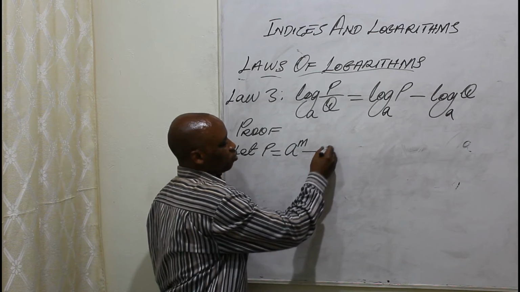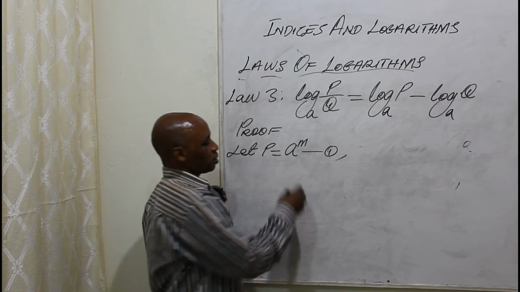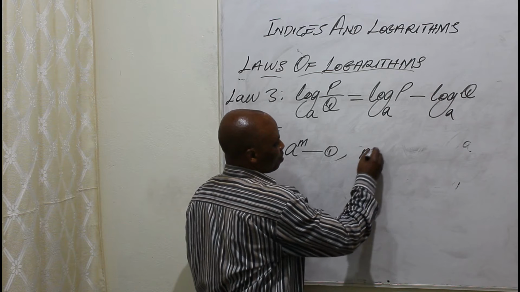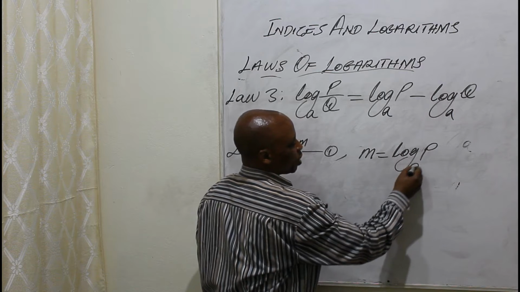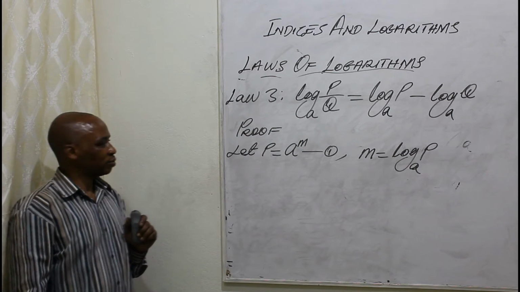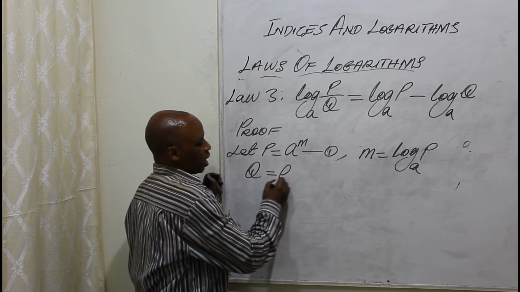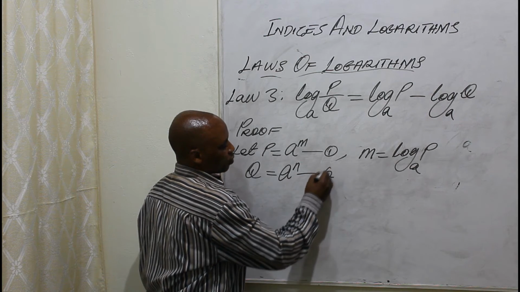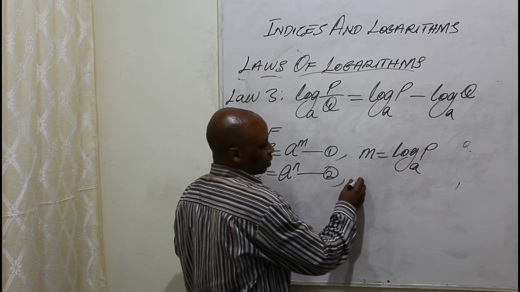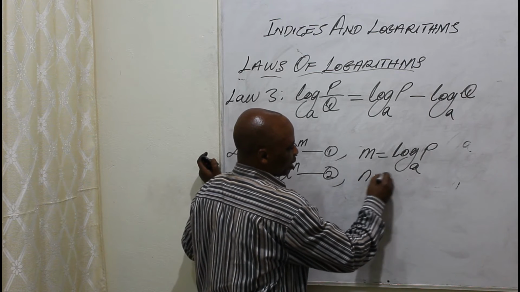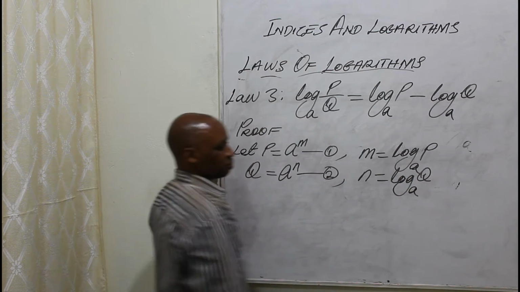Then we name this equation 1. Then by the definition of logarithms, this can be expressed as m being equal to the log of p to base a. Likewise, we say let q be equal to a raised to the power n. Then we name this equation 2. In logarithms, it will be n equal to the log of q to base a.